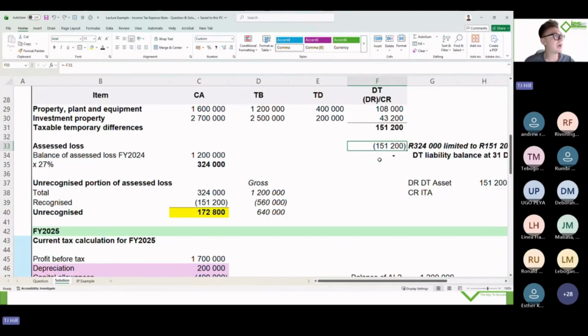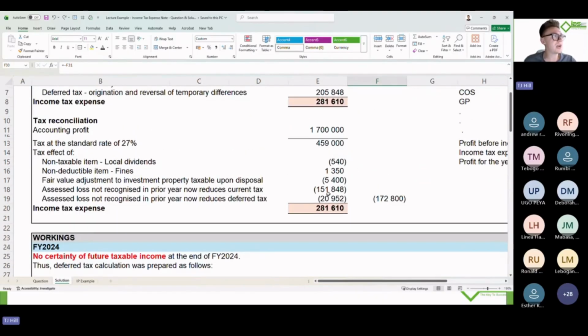So now things are looking up. Because I've essentially recognized more this year than I told them about last year, I didn't account for enough of it last year. It's going to take that tax much lower than they thought it would be. That's another way of thinking about it.